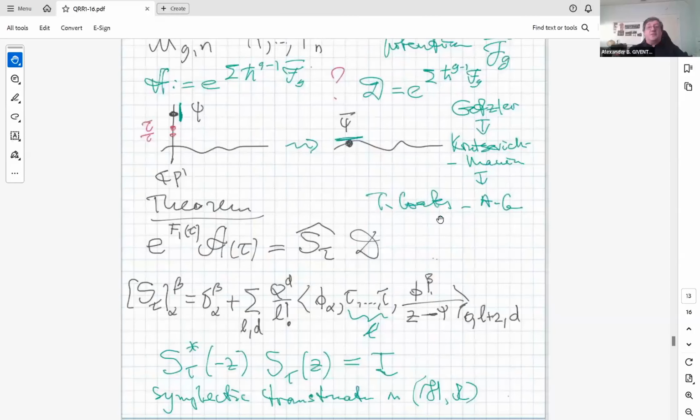If you have questions about this, please ask, because we will now go on to extract consequences of this for genus 0 Gromov-Witten invariants, namely in the geometric form of that Lagrangian section, which is a graph of the differential of the function f naught.